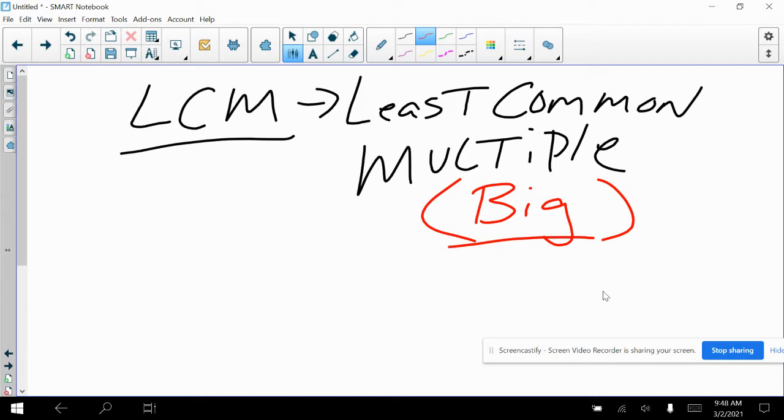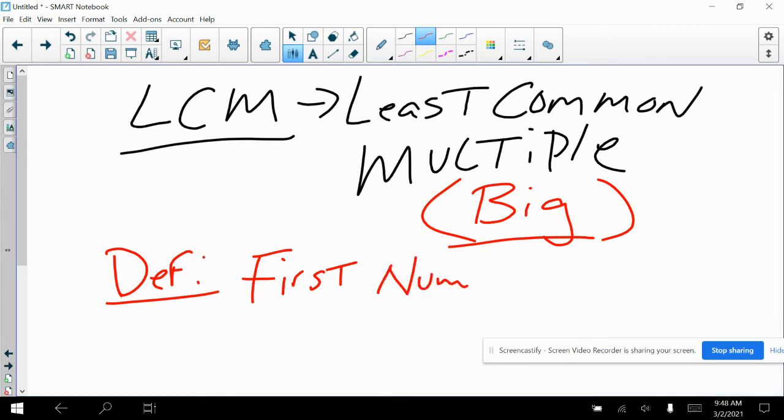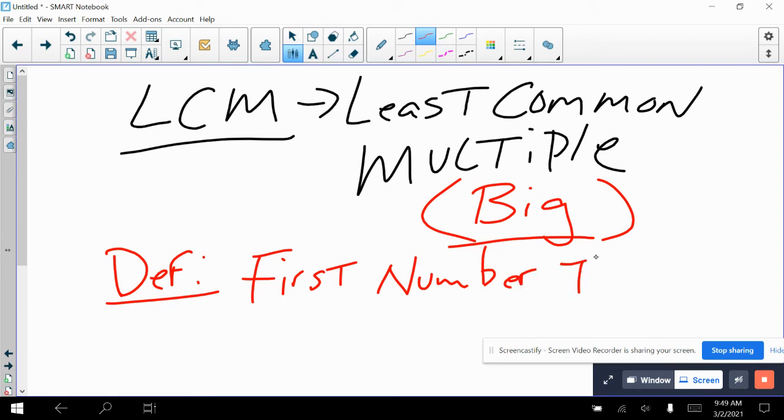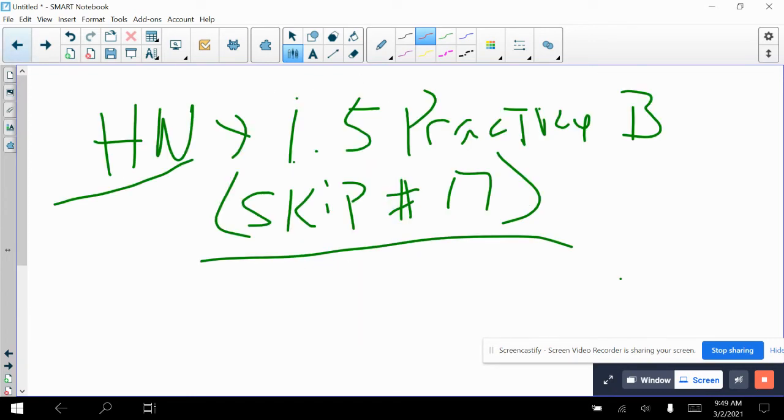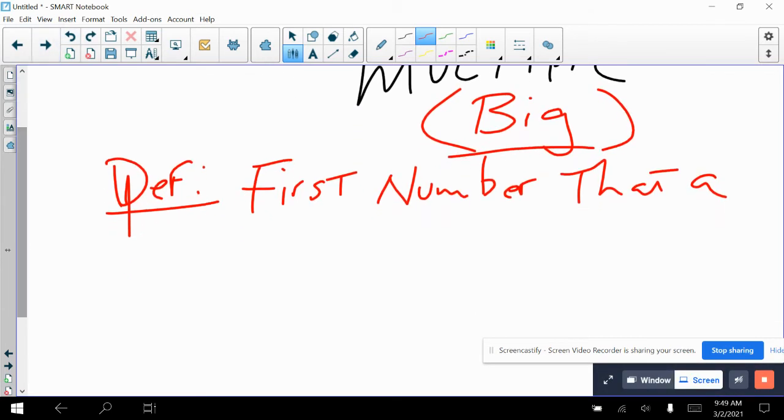All right, let's define this. Definition: the first number that a pair or trio of numbers goes into evenly. We'll do some of those.